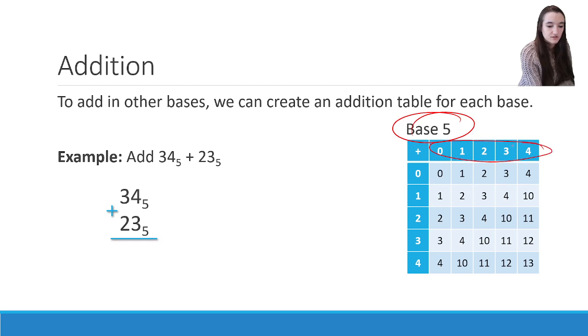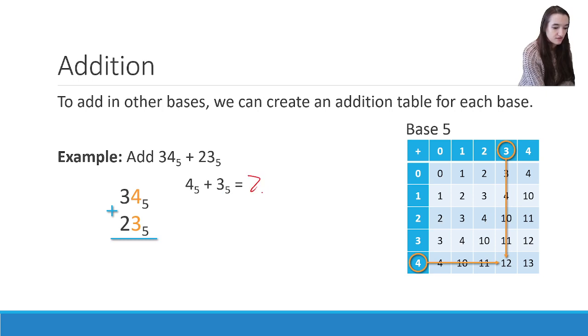All numbers have to be 0 through 4. So what I need to do is convert that 7. Having the table can help us do that conversion, but you won't always have the table in front of you, so it's good to be able to do the conversion on the fly. For right now, I can just look at the table and say 3 plus 4 is 12. But we can also say that 3 plus 4 is 7 in base 10, which is 12 in base 5.